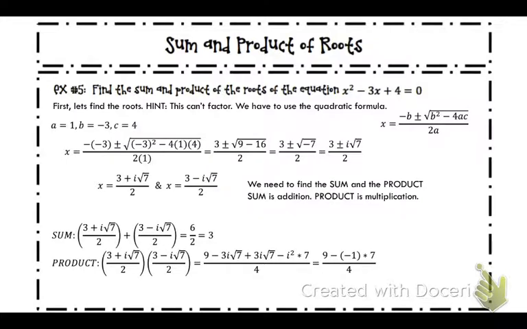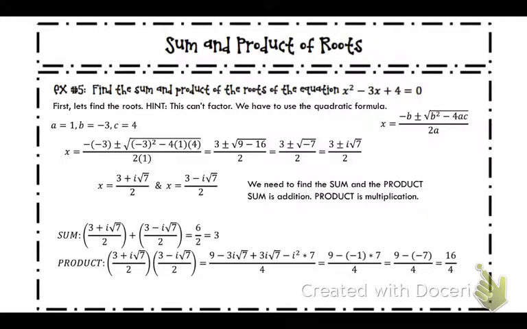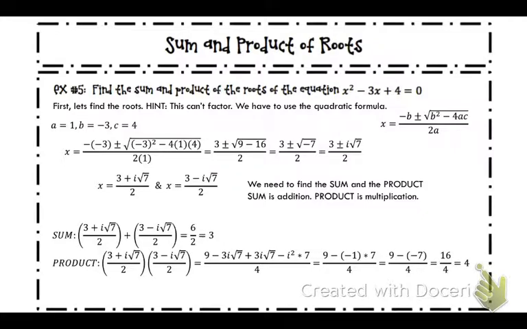And then those 3i√7 terms cancel. i squared is negative 1. So that becomes 9 minus negative 7, which is 9 plus 7, which is 16. 16 over 4 is 4.